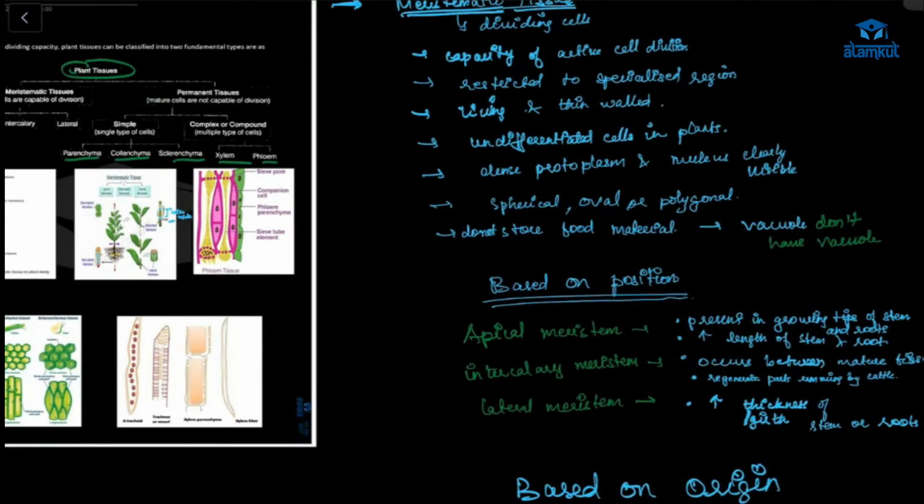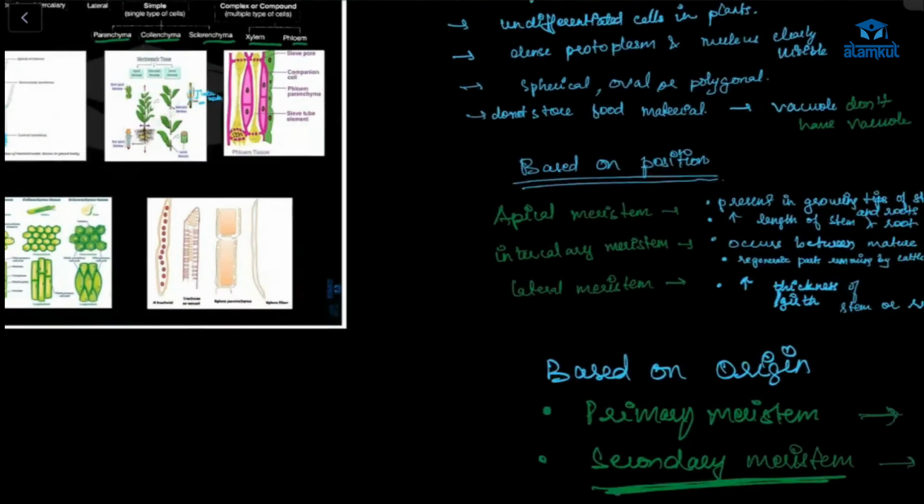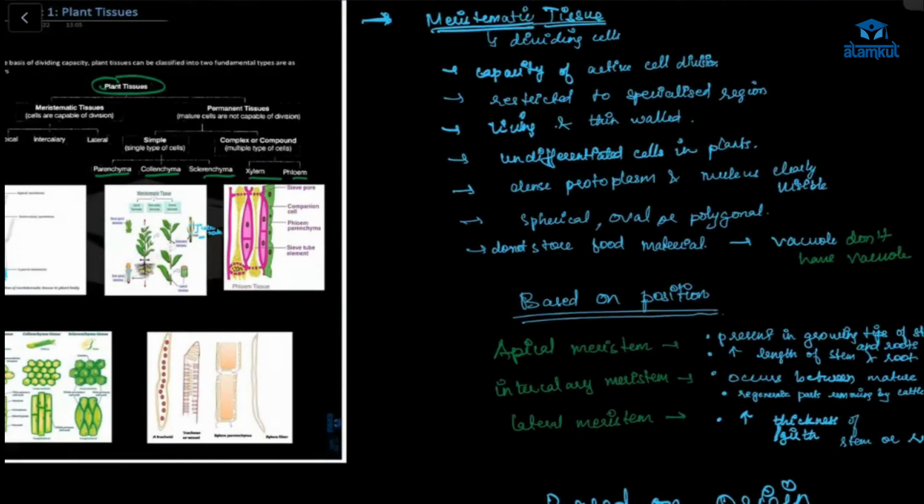Everyone understood? Okay. So next we'll talk about simple tissues. They are made up of only one type of cell.